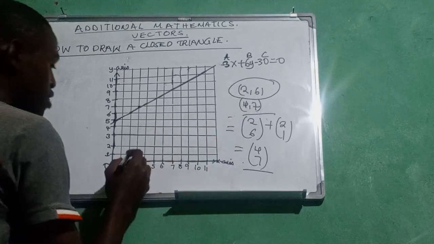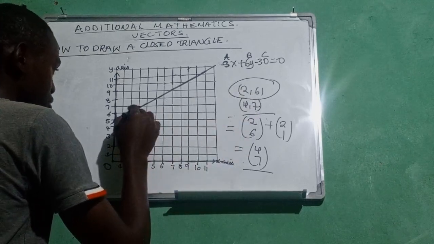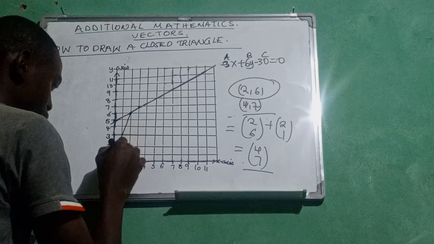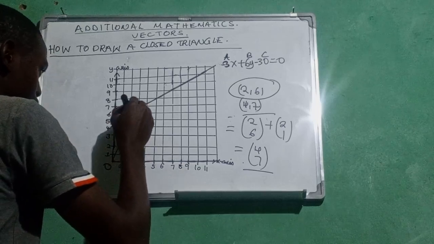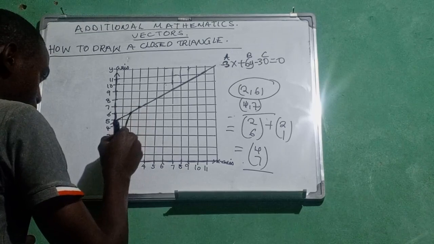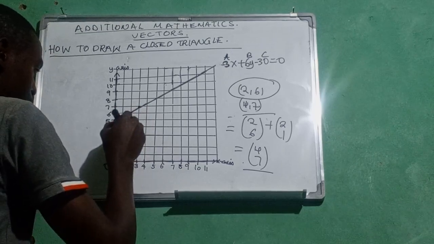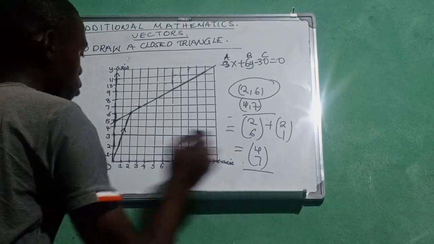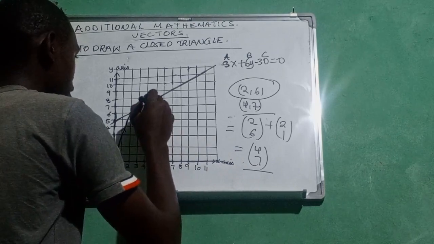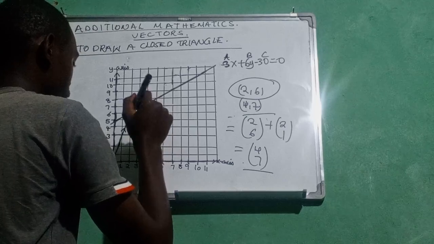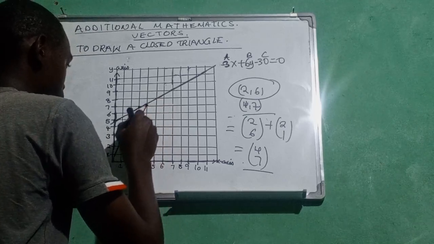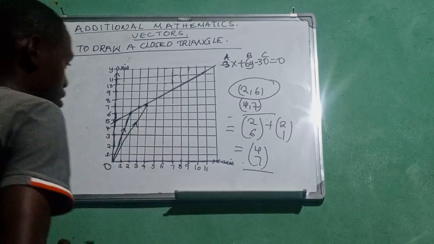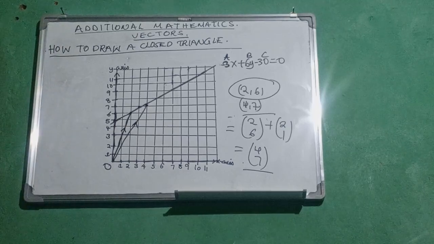So 2, 6, just go 2, 6. And then you will have your 4, 7 right there. So these are two points that follow each other.